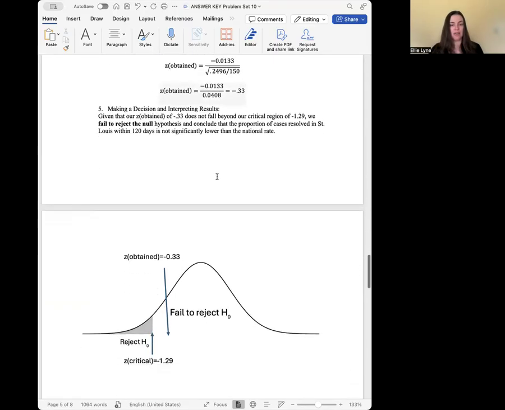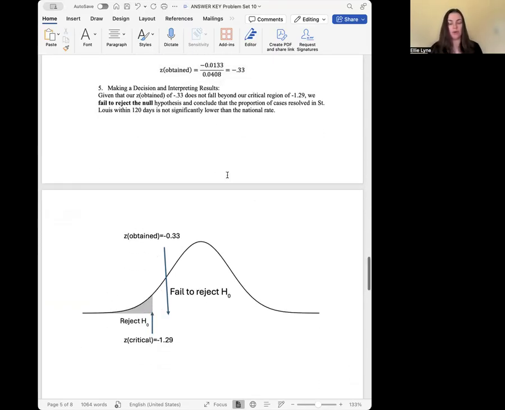So with that being said, it's a little cut off here, but we can take a look at our normal distribution down here. Our z critical value is negative 1.29. So that serves as our boundary between our rejection zone and our fail to reject zone. Our z obtained is only negative 0.33. So again, we fell into our safety zone here.